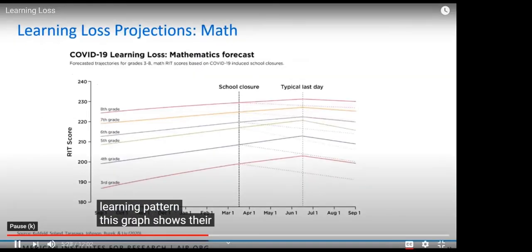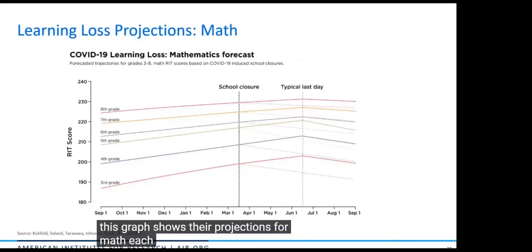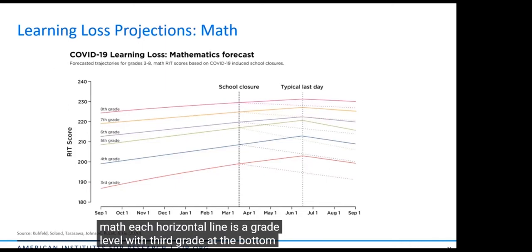This graph shows their projections for math. Each horizontal line is a grade level, with 3rd grade at the bottom in red and 8th grade at the top in pink. The x-axis represents time, and there's a dashed line perpendicular to the x-axis in mid-March when schools closed, and again in mid-June when they should have closed for summer in the absence of COVID-19. On the y-axis is a student's assessment score.